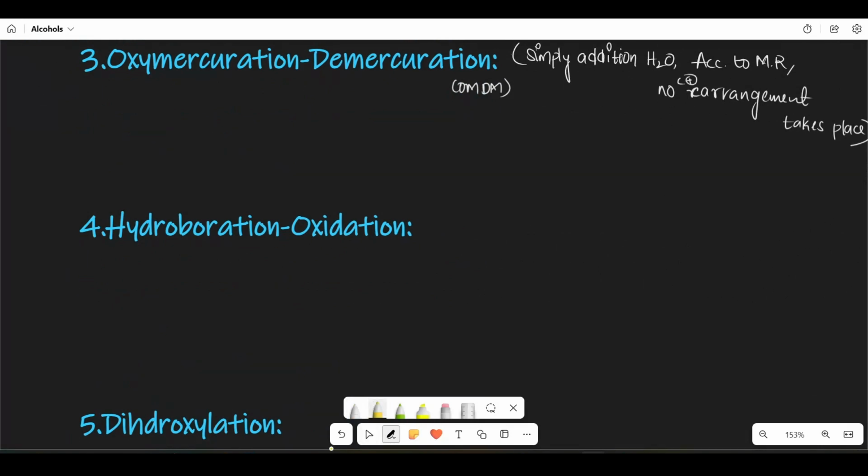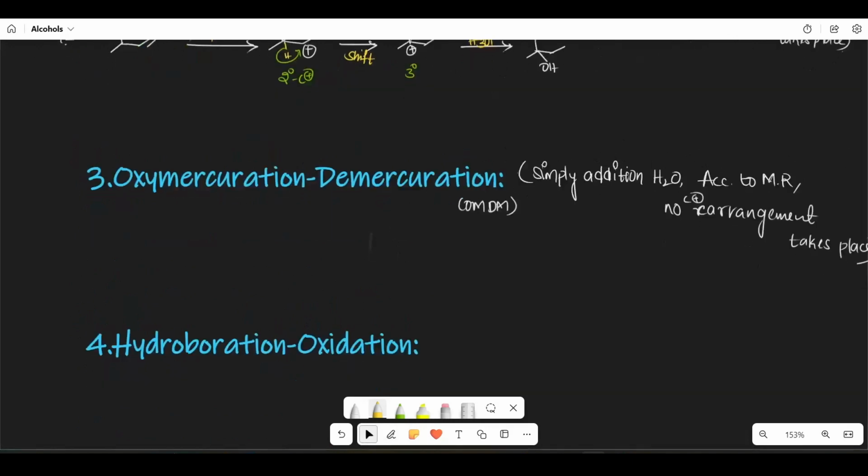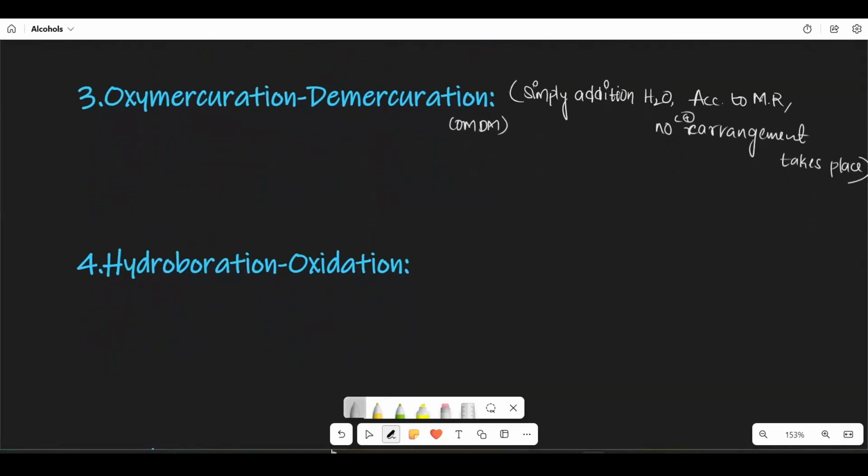So now let's take one example, the same example we have taken above, then you can easily differentiate.